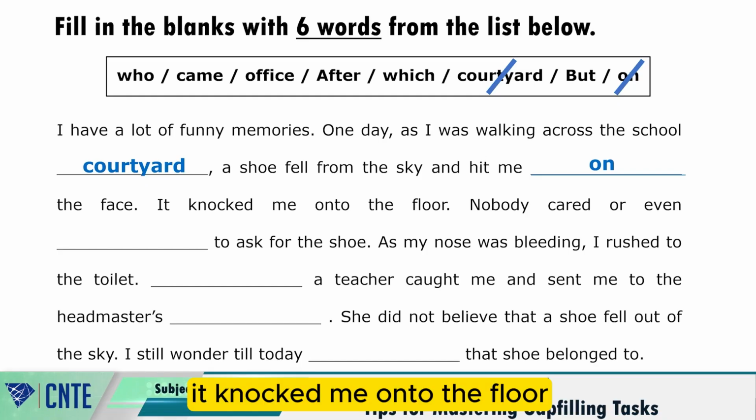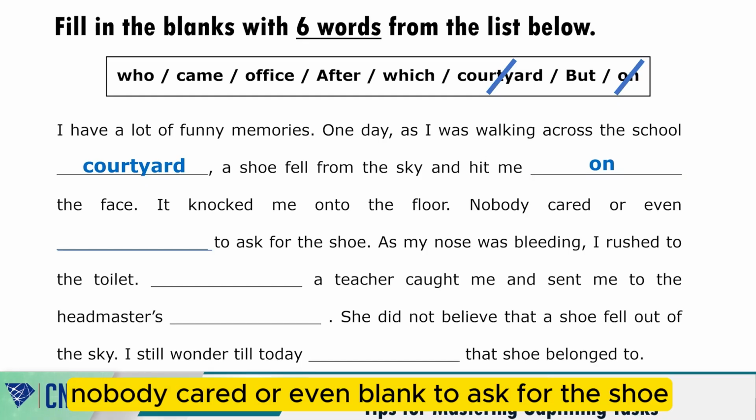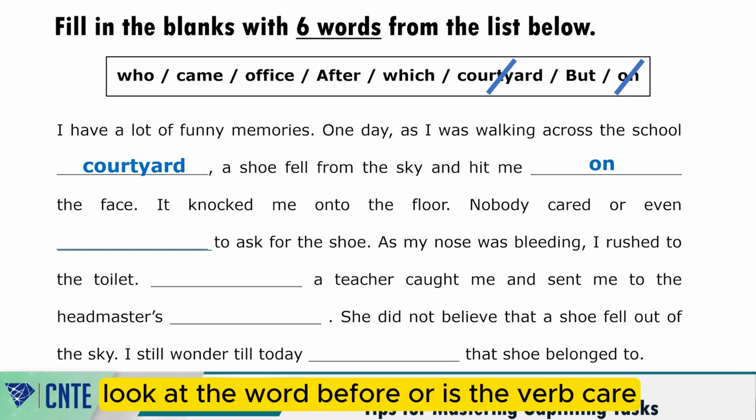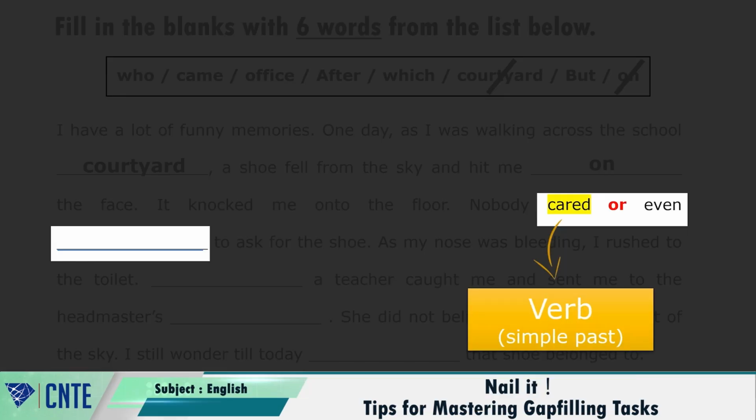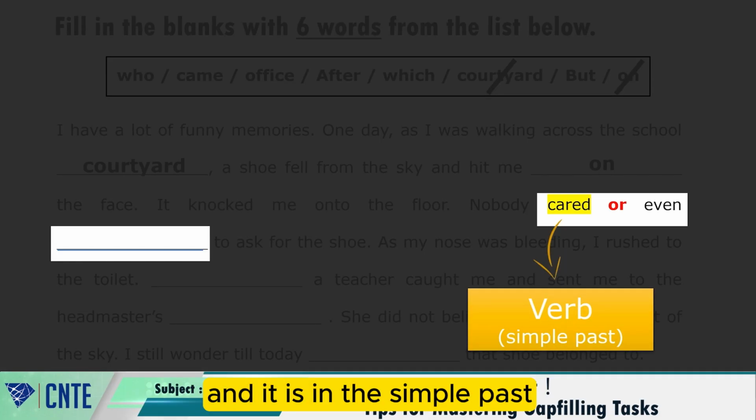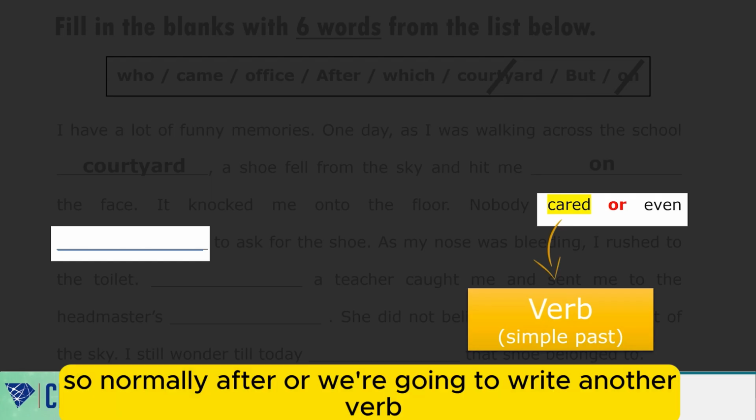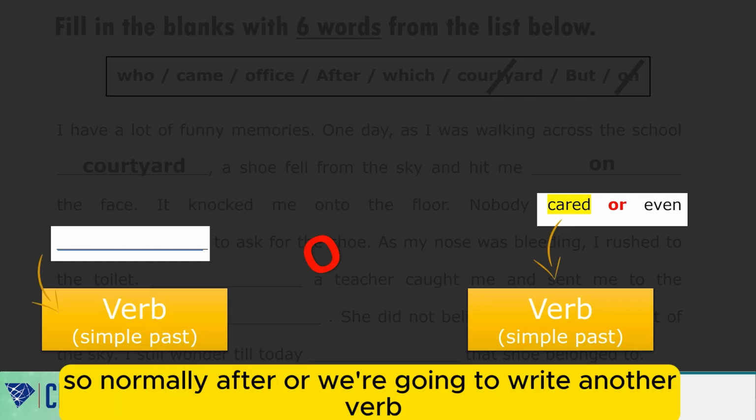It knocked me onto the floor. Nobody cared, or even blank to ask for the shoe. Look at the word before or. It's the verb care, and it is in the simple past. So normally after or, we're going to write another verb.